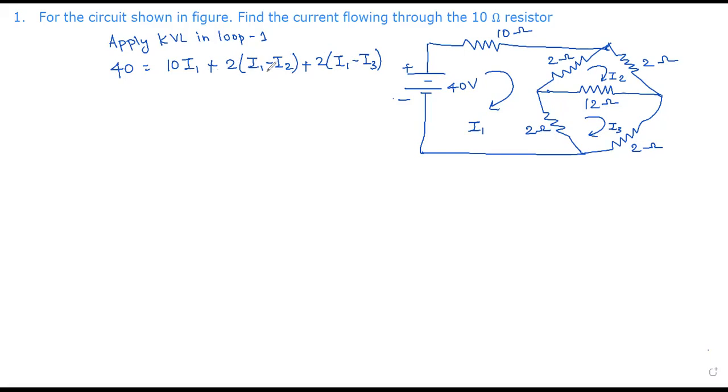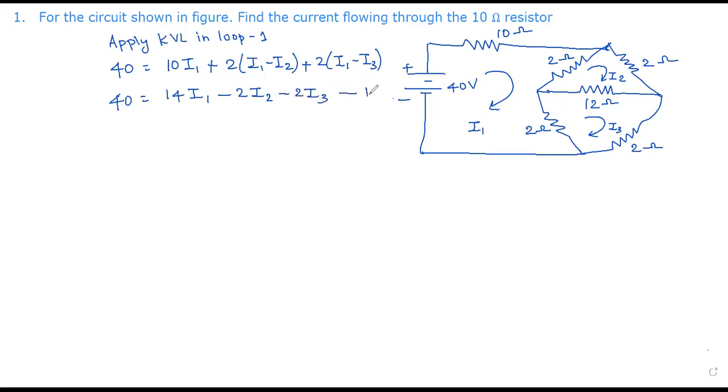By multiplying 2 into I1 and minus 2 into I2, and solving this equation, we finally get 40 equals 14 I1 minus 2 I2 minus 2 I3.